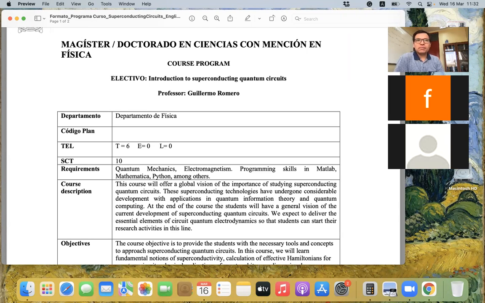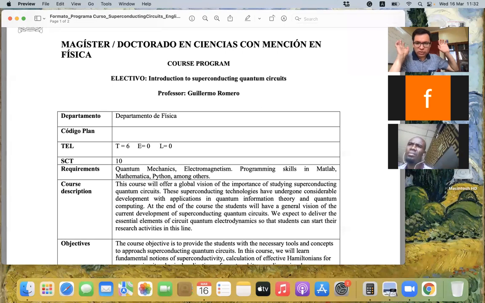The Cooper pairs are bosons, so they can condense. And so in the ground state, we will have many trillions or quintillions of Cooper pairs.